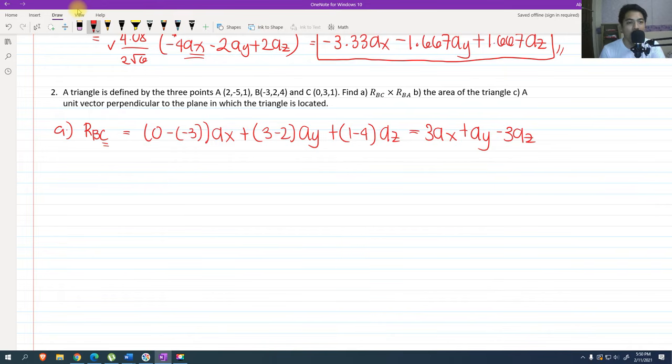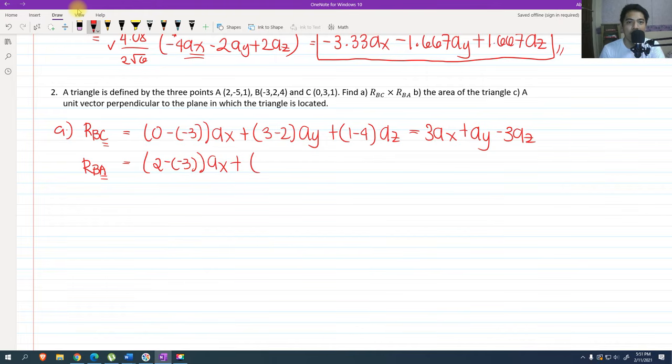How about for the vector RBA? The terminal point, the final point is A. So we start with A. And then we have the initial point B. So we have 2 minus negative 3 AX.